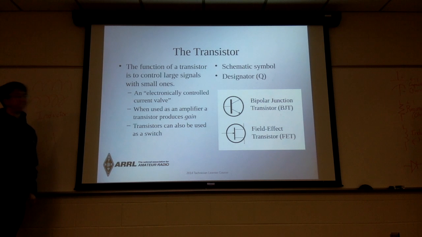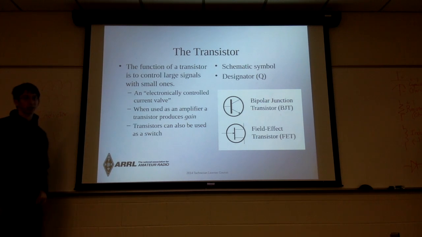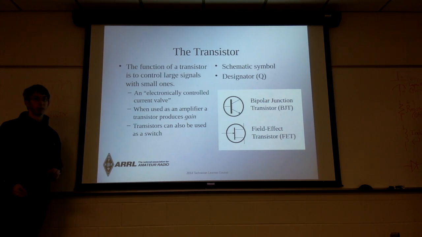So you can think of it as a switch or an amplifier, depending on how it's configured. And we have different types of transistors too, other than just NPN and PNP. There's a whole series of transistors called field effect transistors, which operate completely differently than the standard bipolar junction.